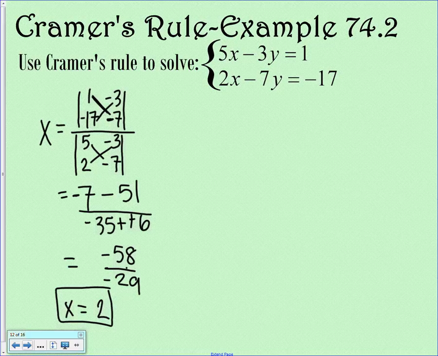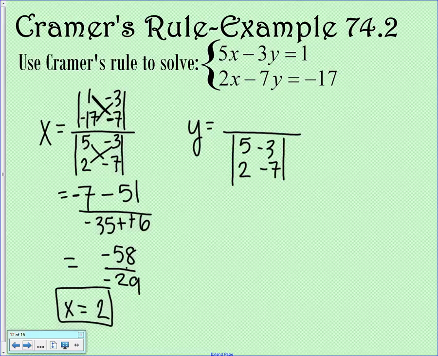X equals 2. Now for the y, you're going to have the same matrix for your denominator. And then instead of the negative 3 and negative 7, you're going to do 1 and negative 17. So we're going to have 5 times negative 17 here.